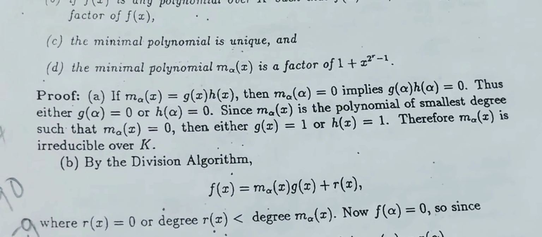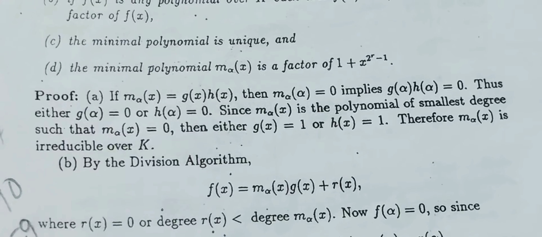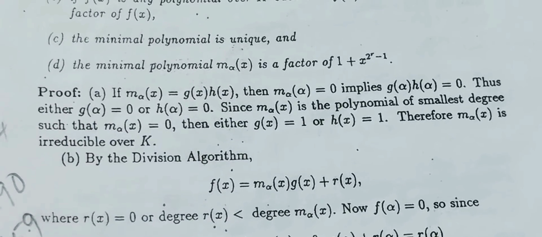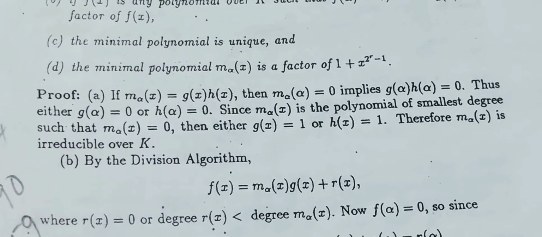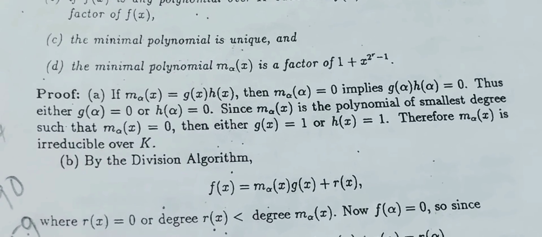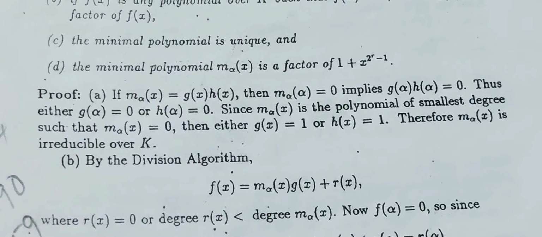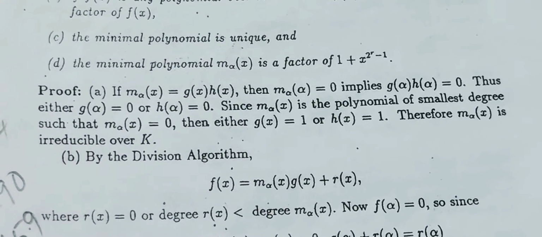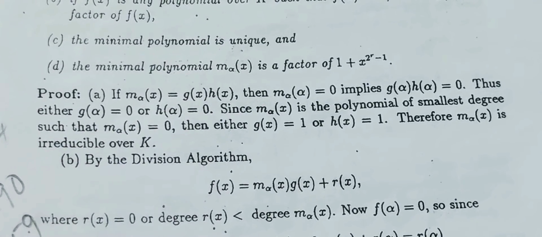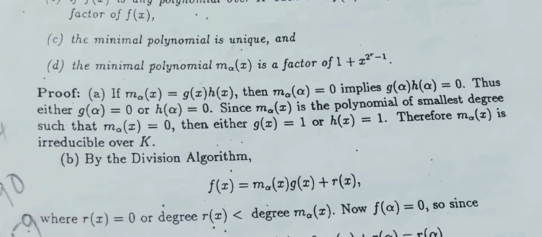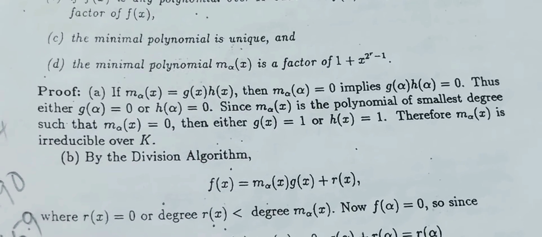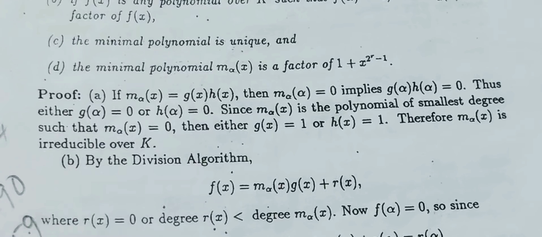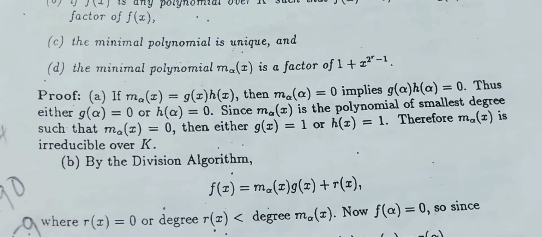That means either g of alpha is equal to 0 or h of alpha is equal to 0. G of alpha equal to 0 implies alpha is a root of g of x, and h of alpha equal to 0 means alpha is a root of h of x. Clear? And the degrees of g of x and h of x are less than the degree of m alpha of x.